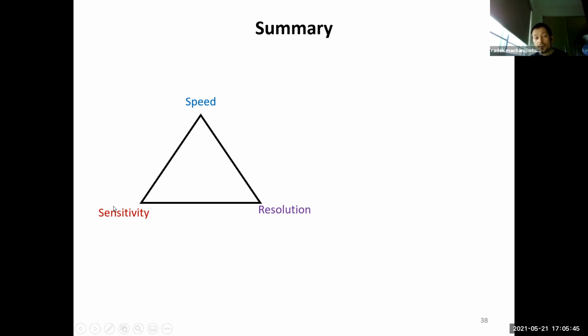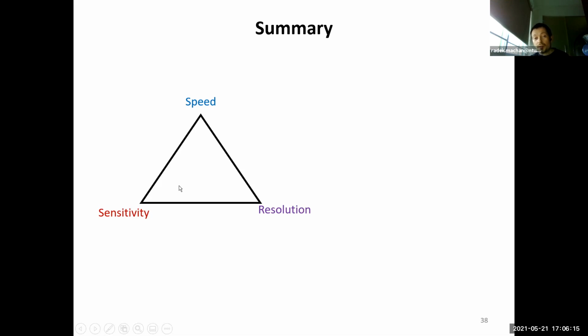That's why they are drawn at the points of a triangle, because if I maximize sensitivity and resolution, I have to sacrifice the speed. There's not one setting which will work for all. Different experiments might have higher requirements either on sensitivity or on speed or on resolution.